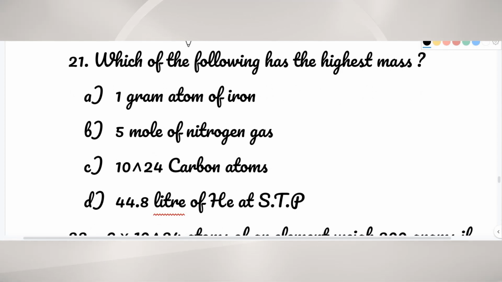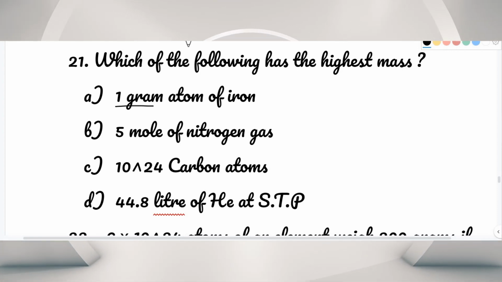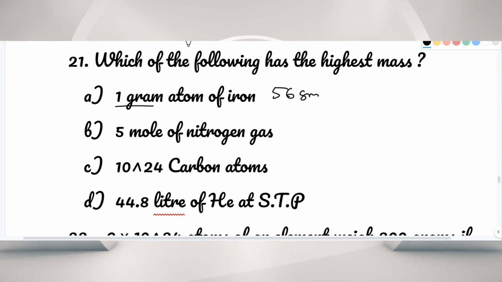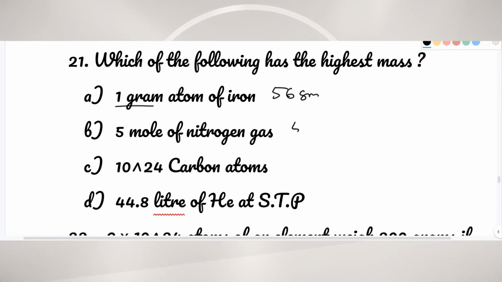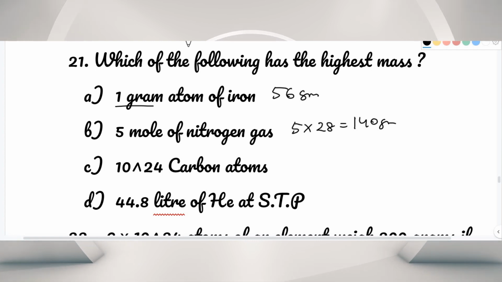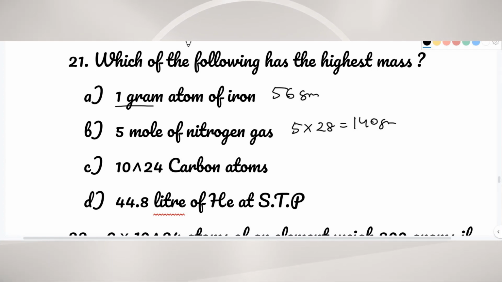21st question, which of the following has highest mass? Let's calculate mass. 1 gram atom of iron, 56 grams. 5 mole of nitrogen, 5 times nitrogen gas, 2 times 14, 28. So 100 plus 40, 140 grams. 10 to the power 24 carbon atoms.